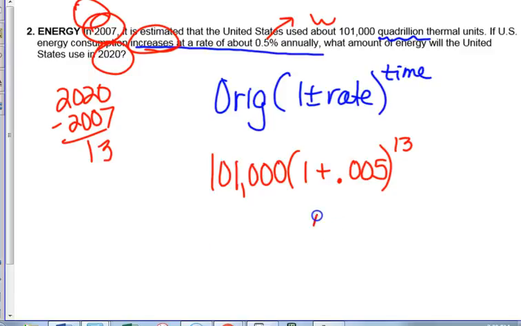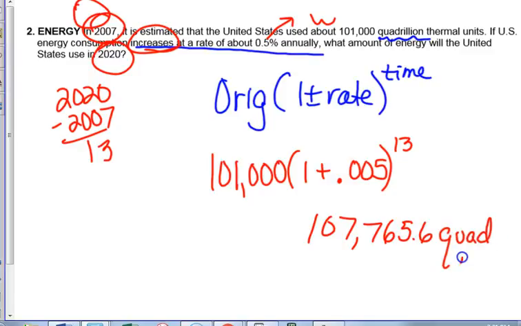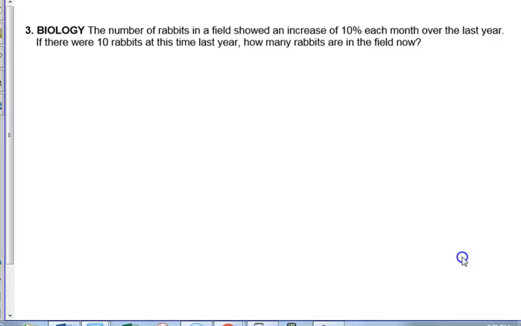I'm getting 107, 1.23 times 10 to the negative... I don't think so. What did you do? I put times 0.005. There we go. Okay. I was like, well, that's a really small number. And again, be careful. The label would be quadrillion of thermal units. Let's see if I get the right answer. Everybody all right? That's definitely not 1.23 times.